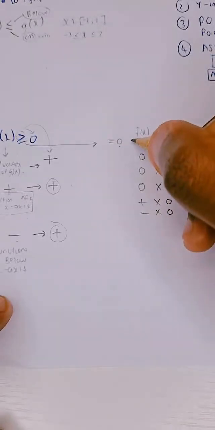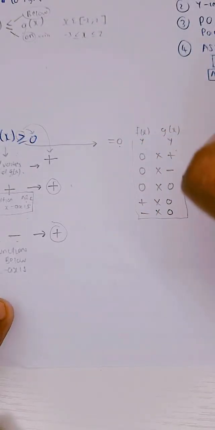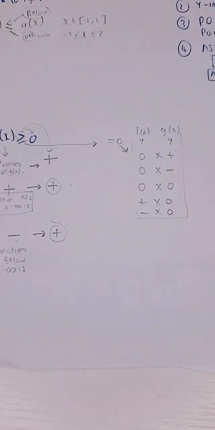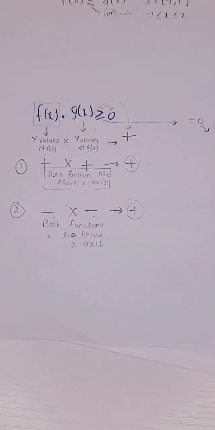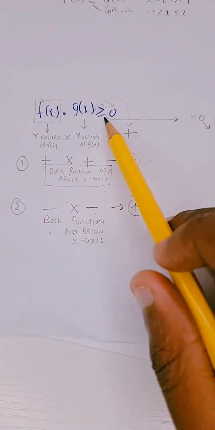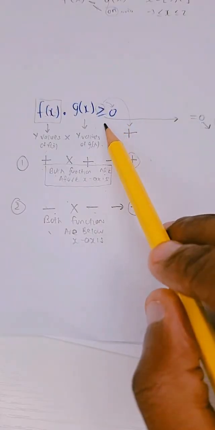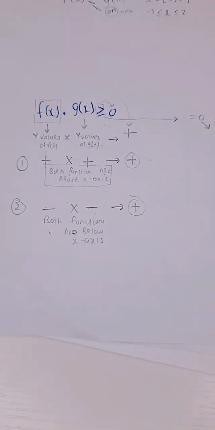Or if it is positive times 0, negative times 0. These are all the available options that will give me equal to 0. I have unpacked for you guys what we mean by f of x times g of x greater than or equal to 0.